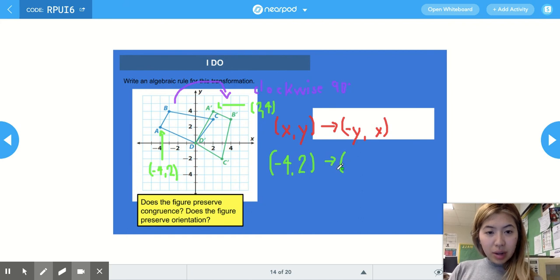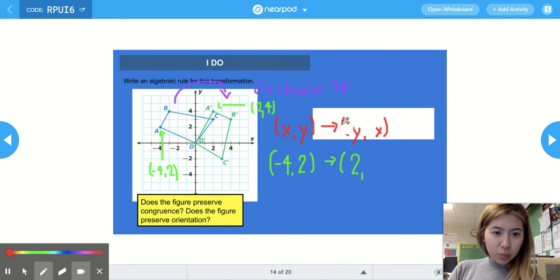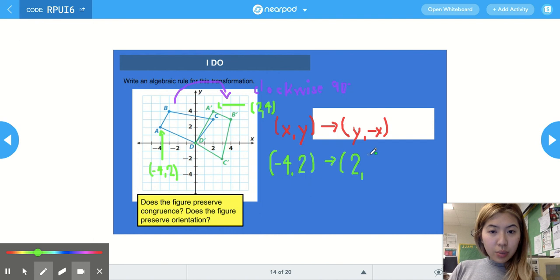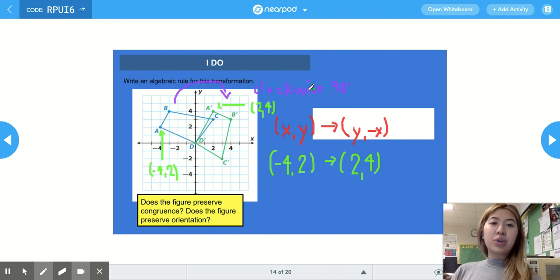We flip the numbers around, so we have 2, oh, I was right the first time. See, that's why we don't second guess ourselves, because we're usually right the first time. So we have 2, because our y value now becomes our x value, and then a -4 is the same thing as a +4. So then we have 2, 4, and that's how we got our reflected point.